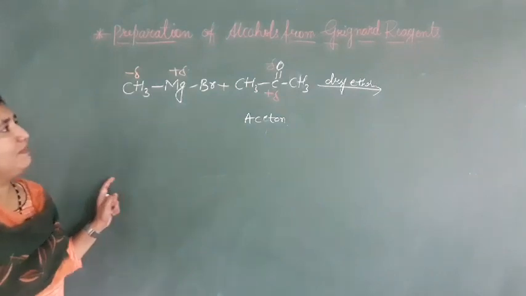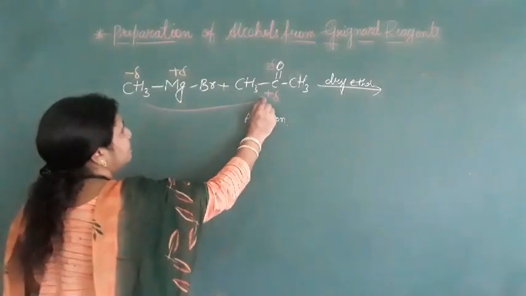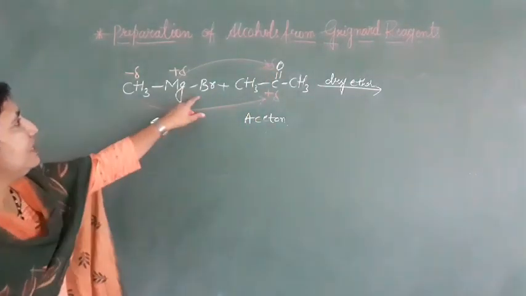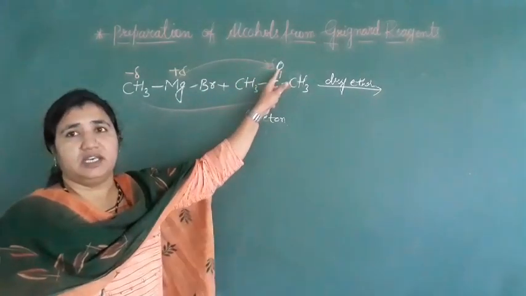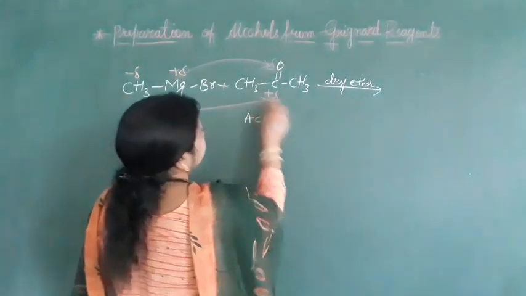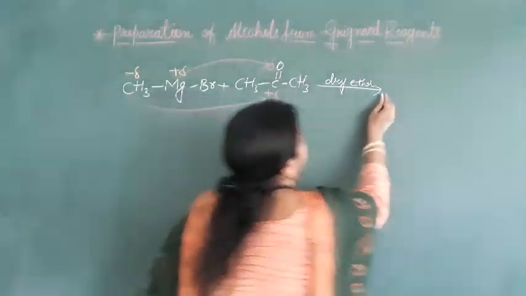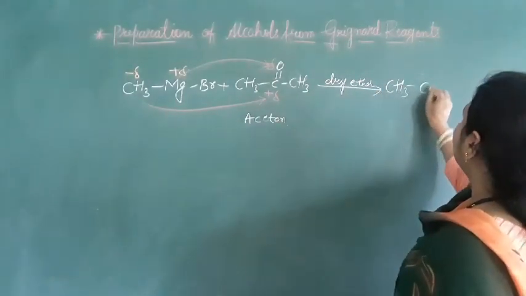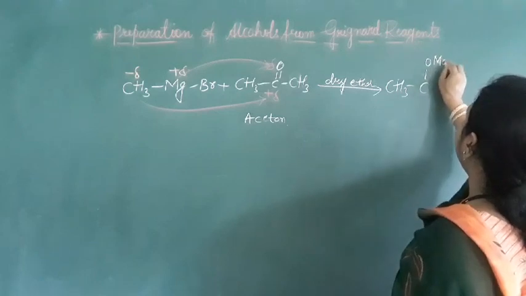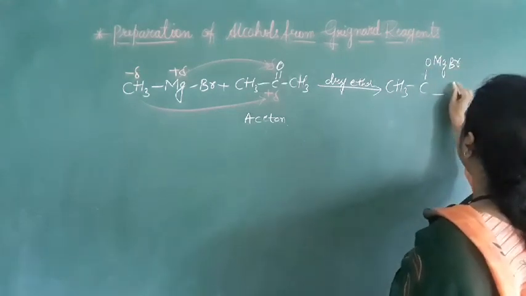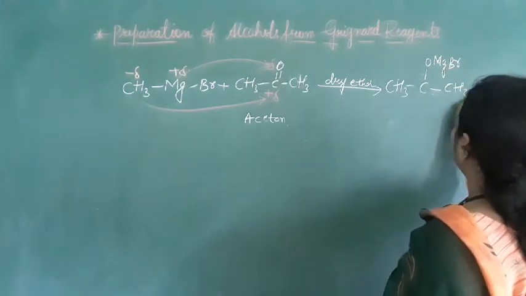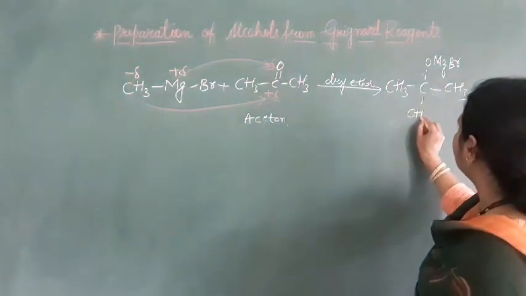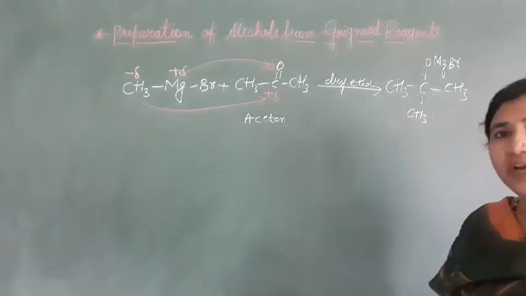So what will happen here: this methyl group will attack this carbon, and this MgBr will go with this oxygen here. So what product will we get? This is CH3 CO MgBr here, and here we have CH3. Now this CH3 of MgBr will add to this carbon, so we are getting an addition product here.